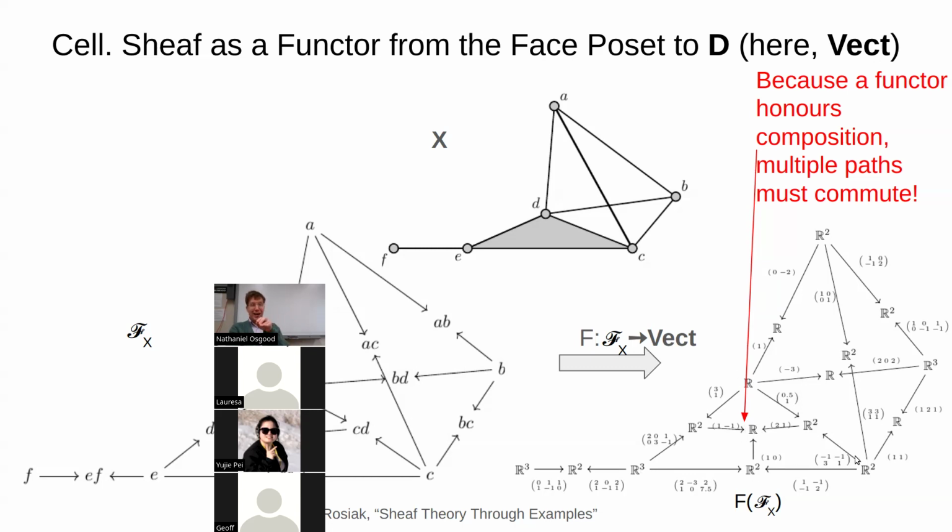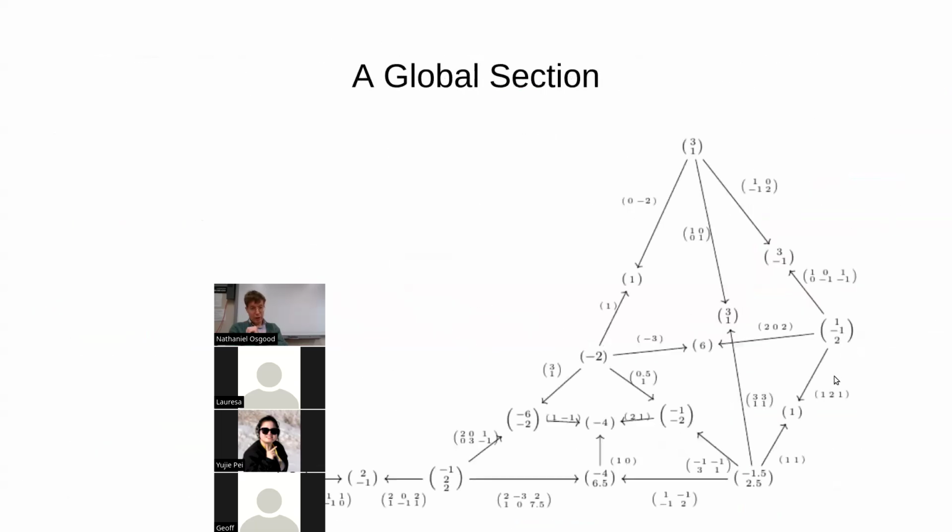What I put here impacts what I put here and what I have here. And all of these have to play nicely together. But if they play nicely together, we're going to have a single unique global section that will result.